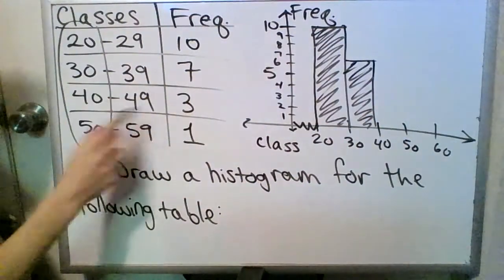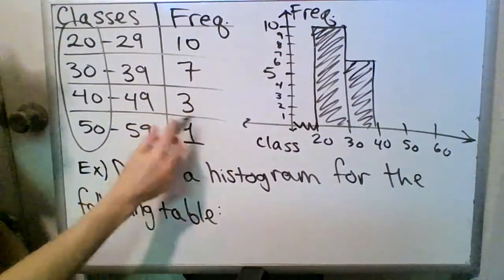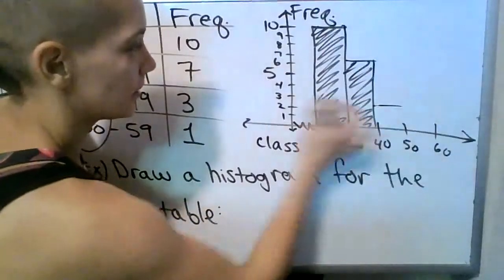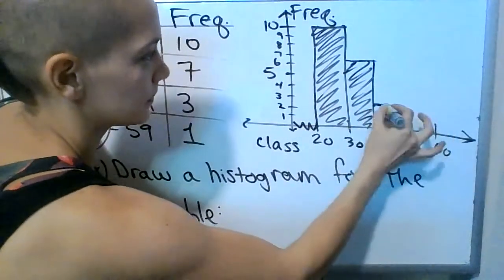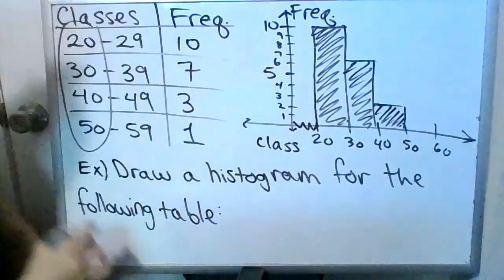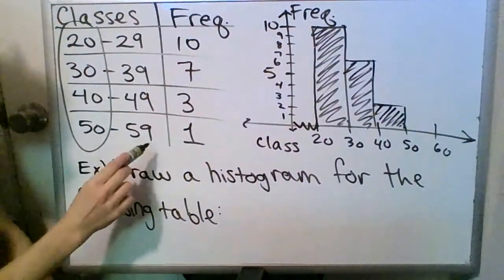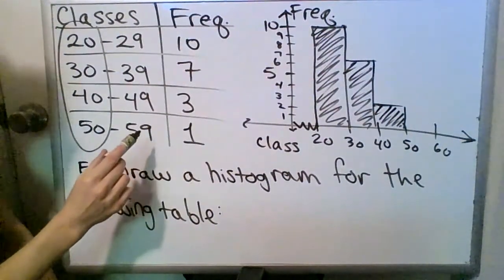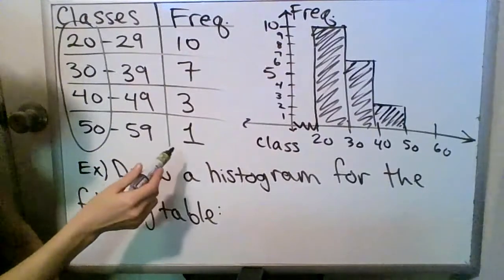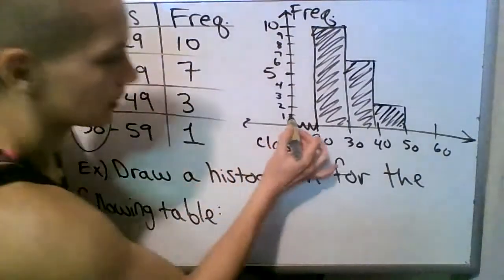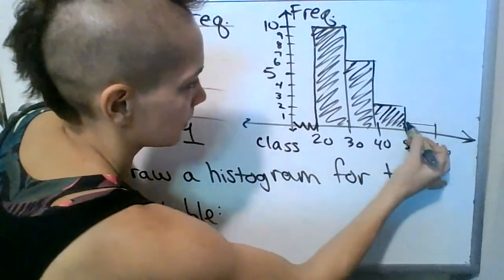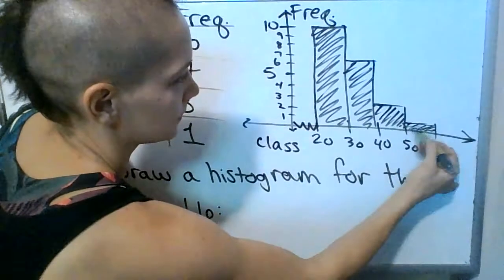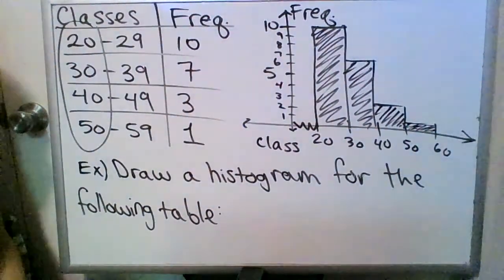Between 40 and close to 50 is height of 3. And from 50 to almost 60, but not including 60, just height 1. That's it.